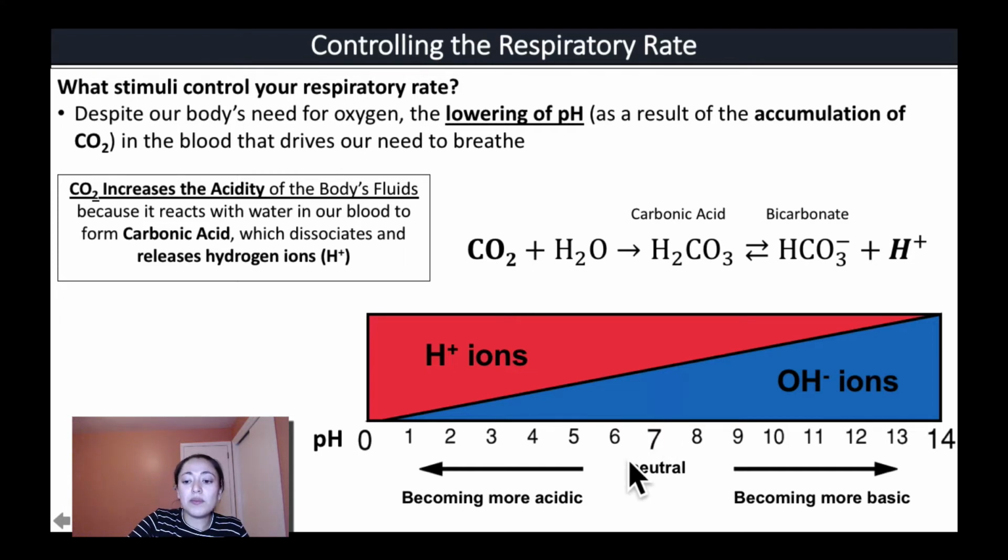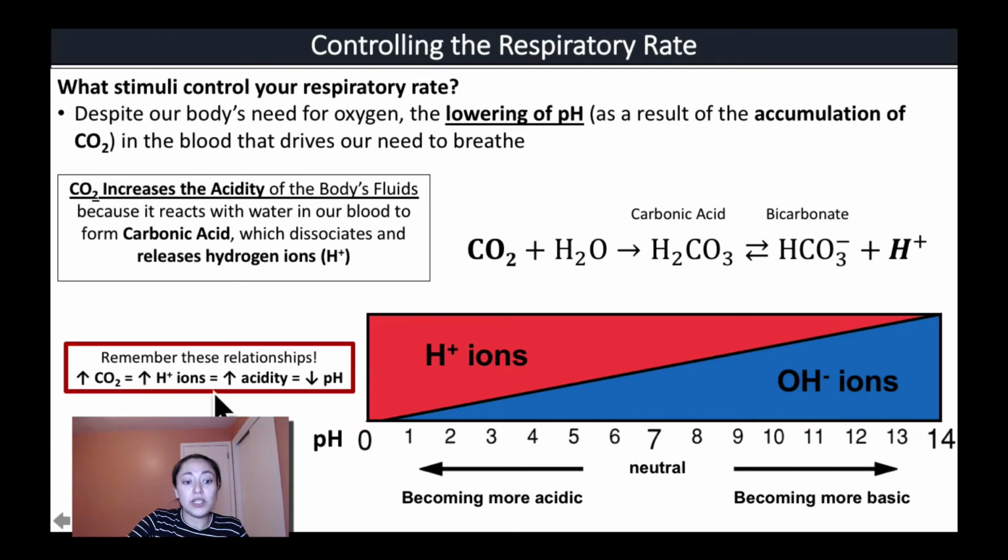If it becomes more basic, it means that the hydrogen ion concentration is decreasing. So the important relationship to remember is as carbon dioxide levels increase, it increases the amount of hydrogen ions, which increases the acidity, and it lowers the pH.